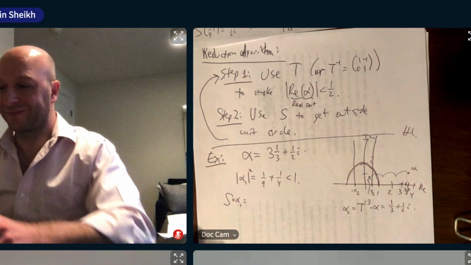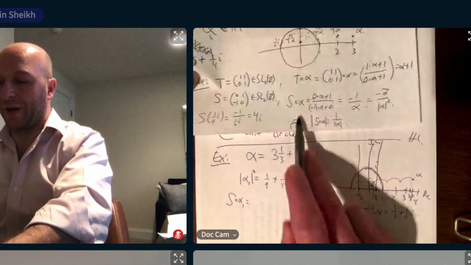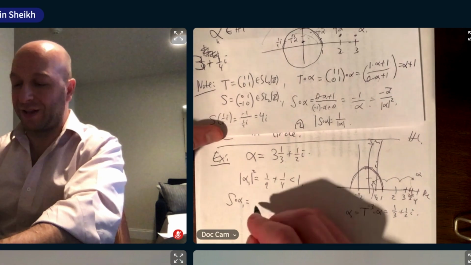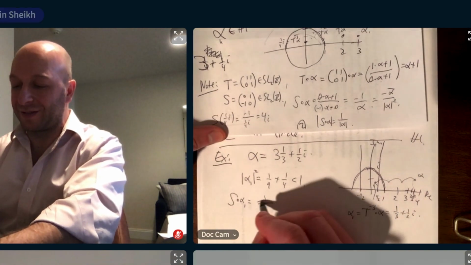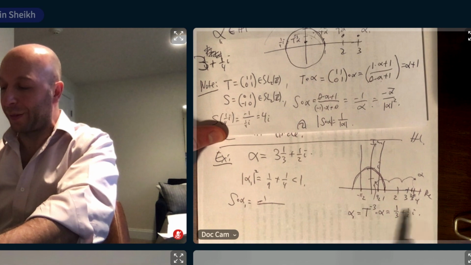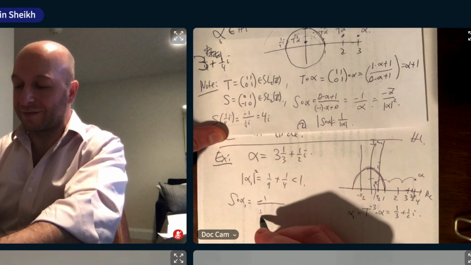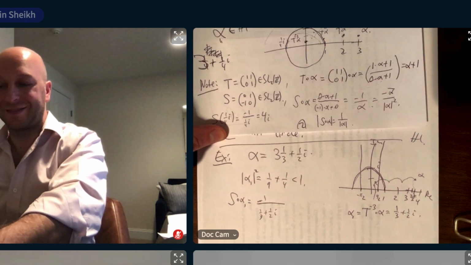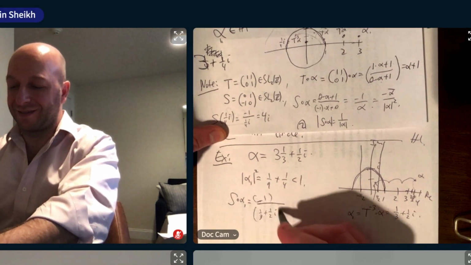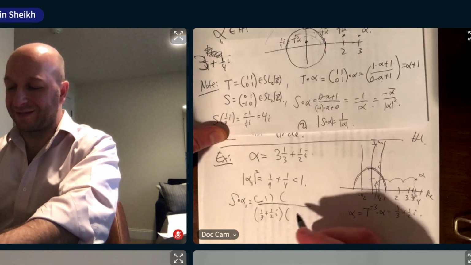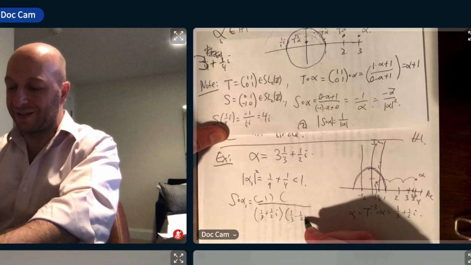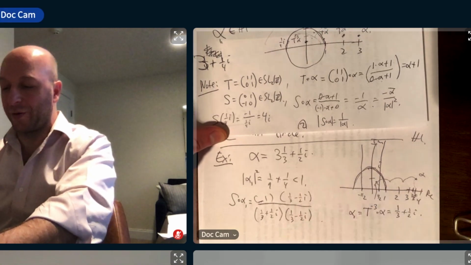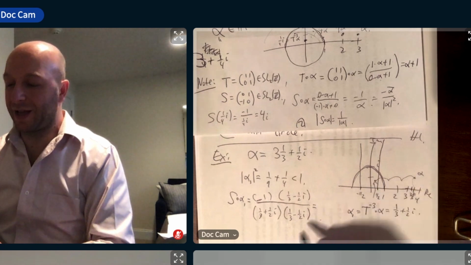So S of anything is negative 1 over that something. So this is negative 1 over a third plus a half i. And now how am I going to figure out what this is? We multiply it by its conjugate. Perfect. A third minus a half i. So what do I get on top?